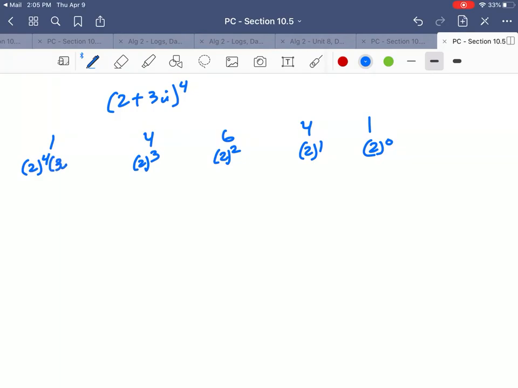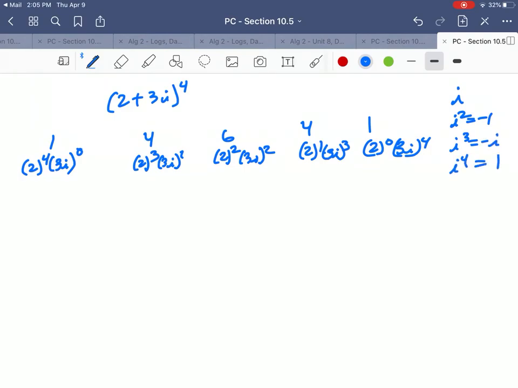And then I have 3i, so imaginary number, 0 power, and 3i to the 1, 3i to the 2, 3i to the 3, and 3i to the fourth. All right, so remember your powers of i. i squared is -1, i to the third is -i, and i to the fourth is just 1.